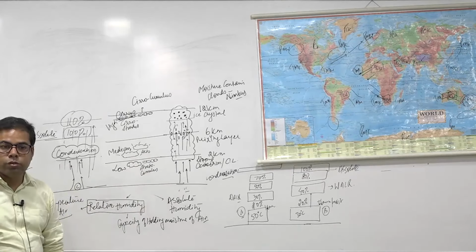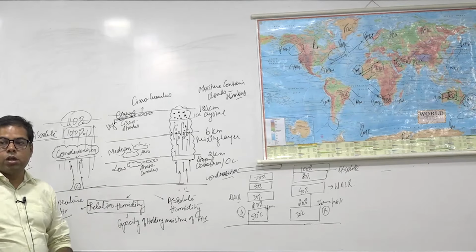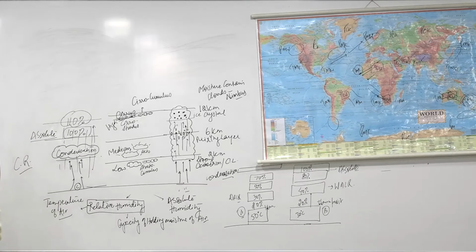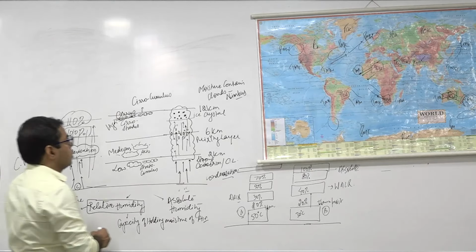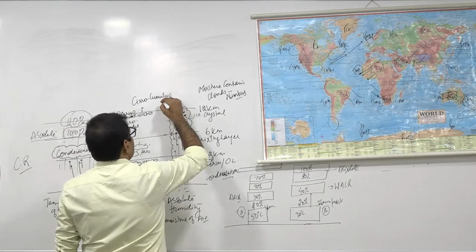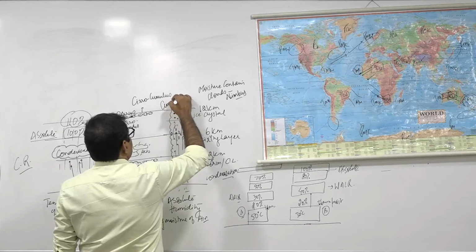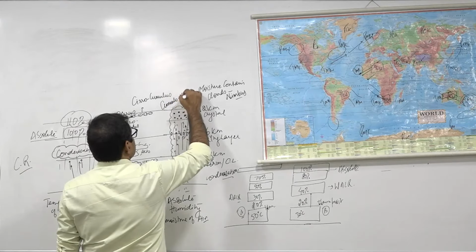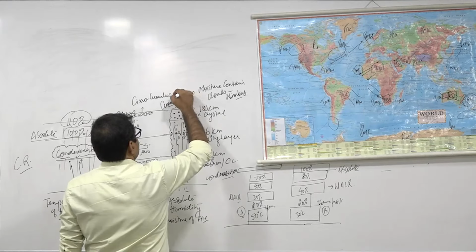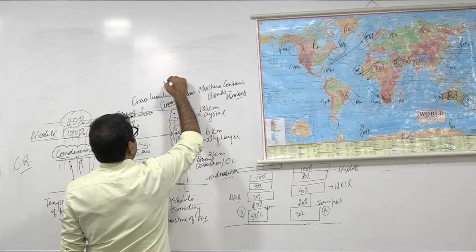So this is cumulonimbus cloud. So this cloud is called cumulonimbus, or it also can be called nimbocumulus.